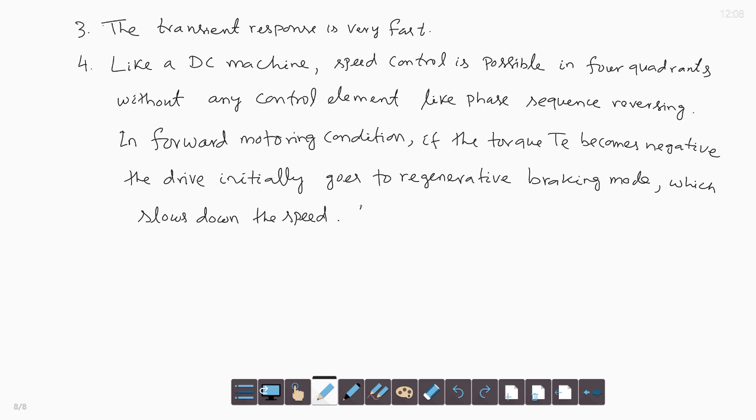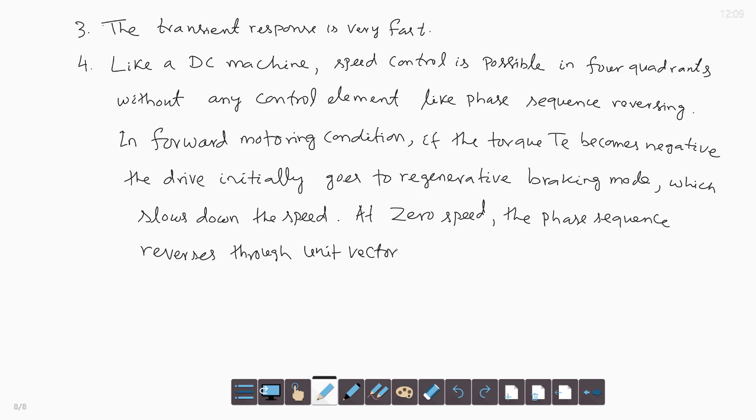At 0 speed, the phase sequence of the unit vector reverses through the unit vector.